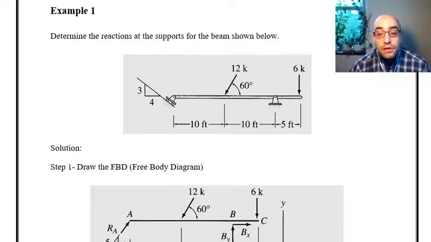We also talked about determinate and indeterminate structures, and we said if the equations of equilibrium can be used for finding all the reactions in a structure, then the structure is externally stable and determinate. But if a structure is indeterminate, we cannot use the equations of equilibrium to find all the reactions on the structure.